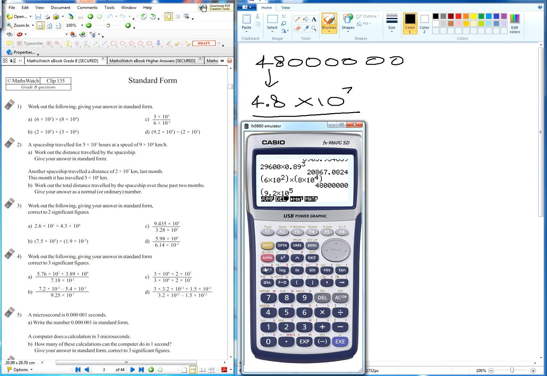Now, don't forget, when you do 10 to the power of 5, the cursor is up there. You've got to bring it down. Press replay, bring it down. Close the brackets. And then we press divide. Open bracket. Times by 10 to the power of, squared.